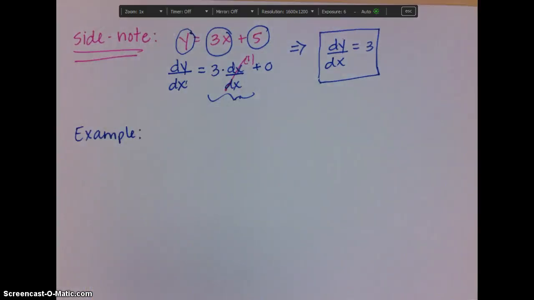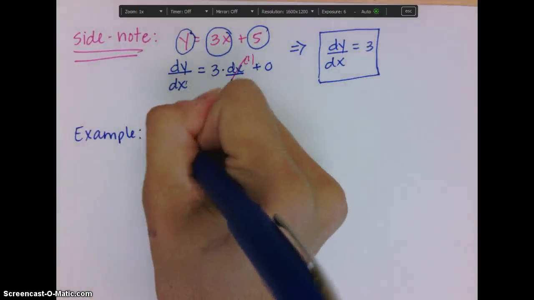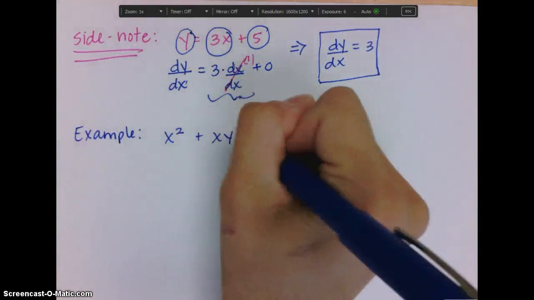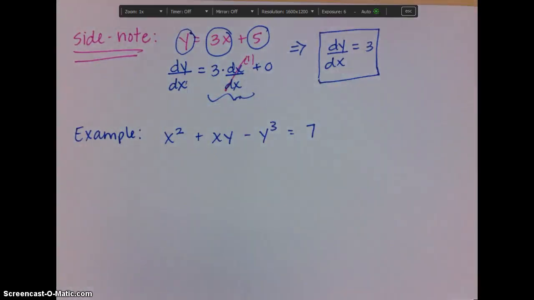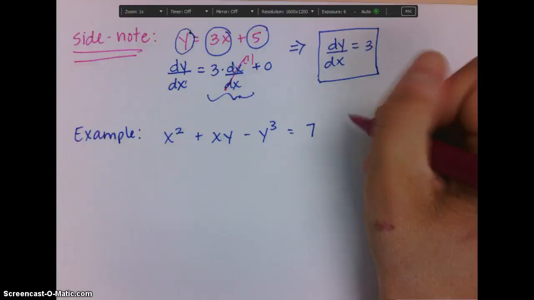Alright, so here is my example. We've got x squared plus xy minus y cubed equals 7. Not a function. I've got x's and y's, and I would not be able to solve for y and get it all by itself and have a pretty little function. So I need to use implicit differentiation.